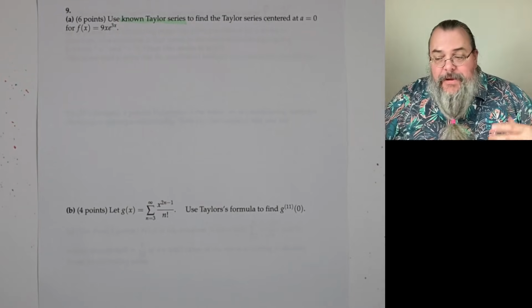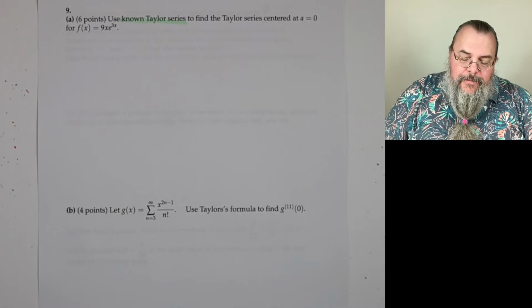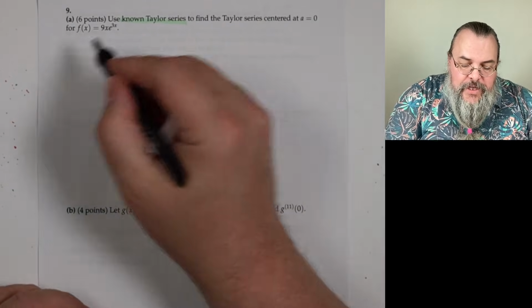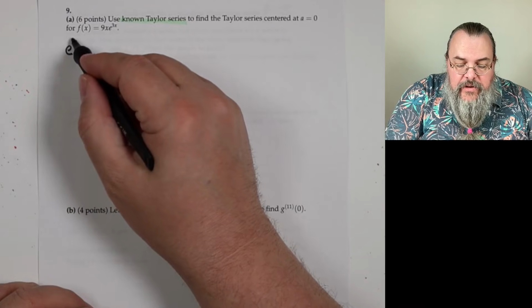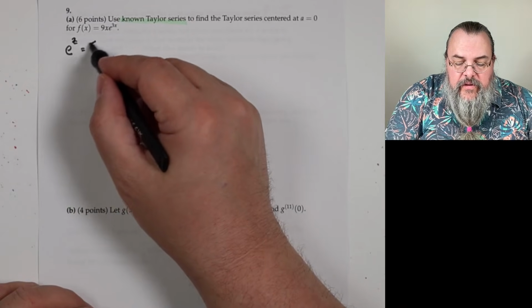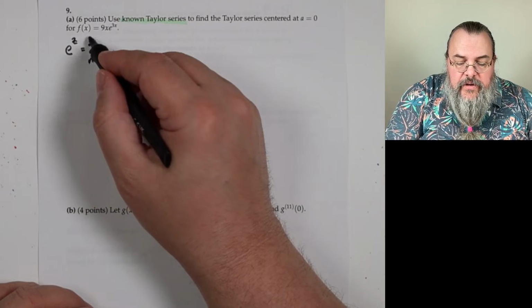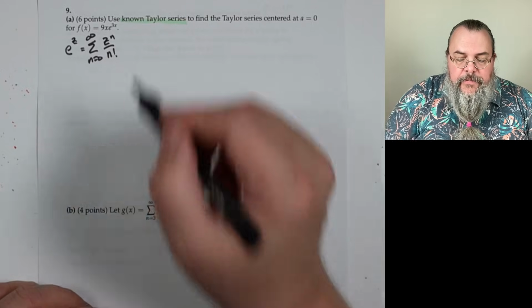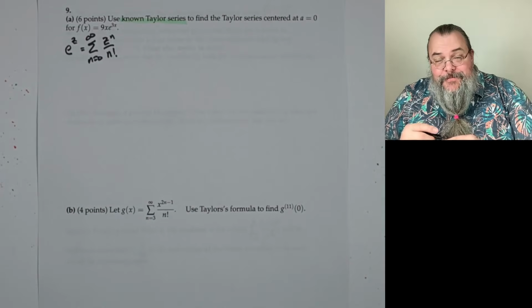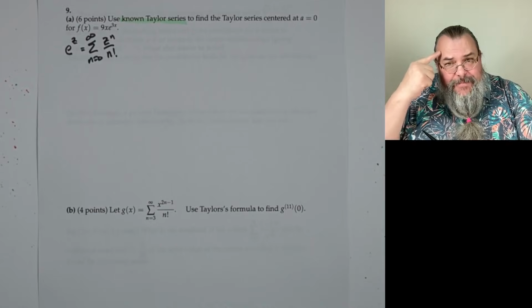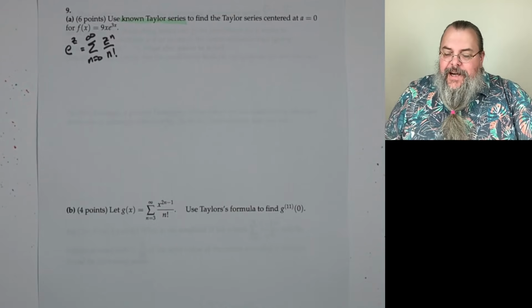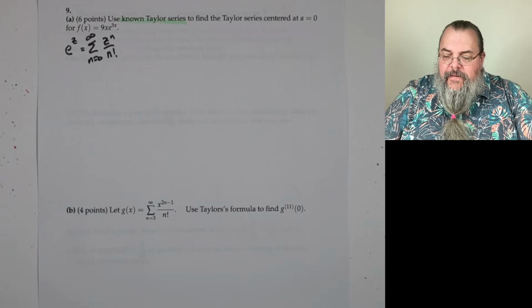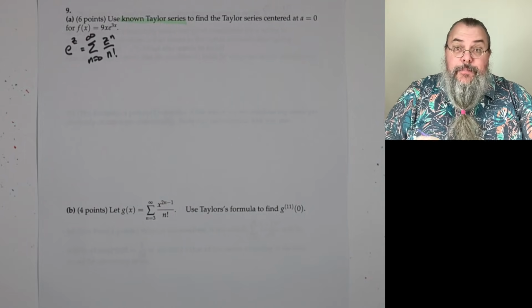All right, so what do we have? Well, I'll write it as it's written in the formula sheet. So e to the z is the sum, n equals 0 to infinity, z to the n over n factorial. However, when I'm thinking about it, I'm going to think of z as just being a box.